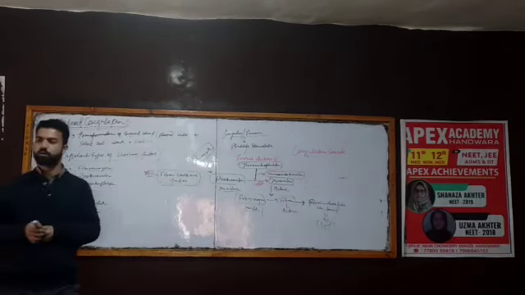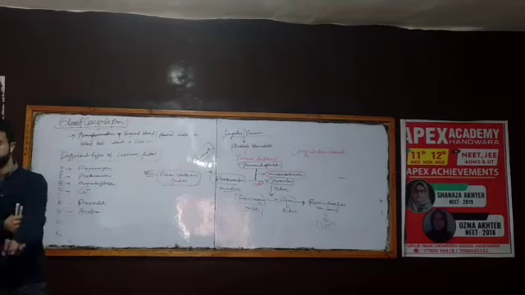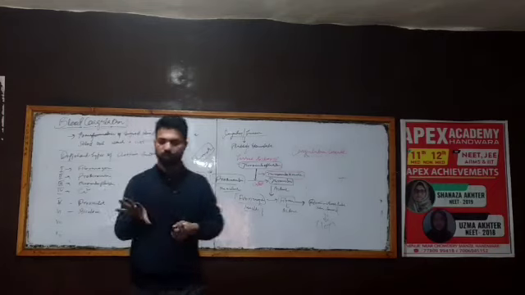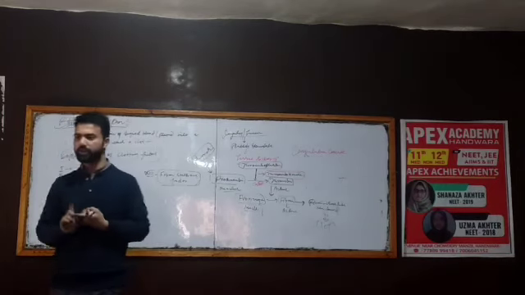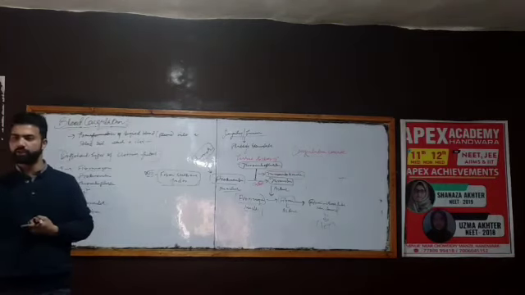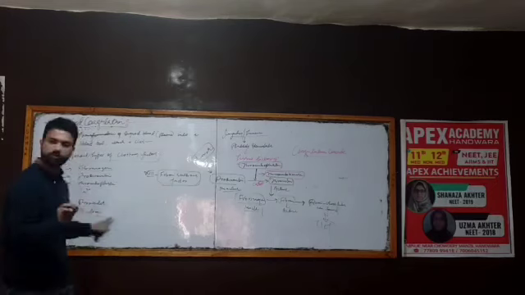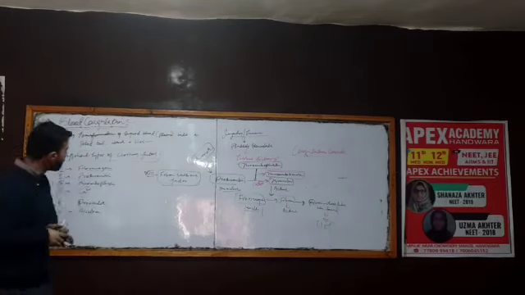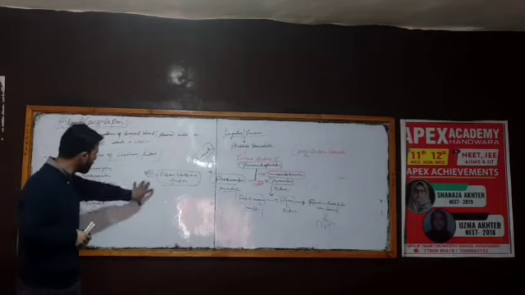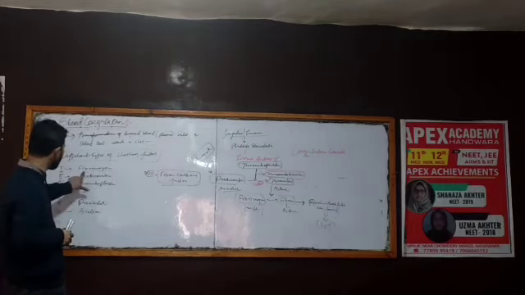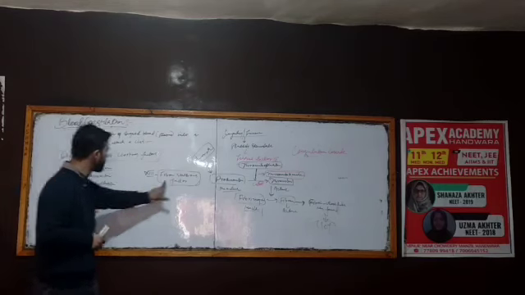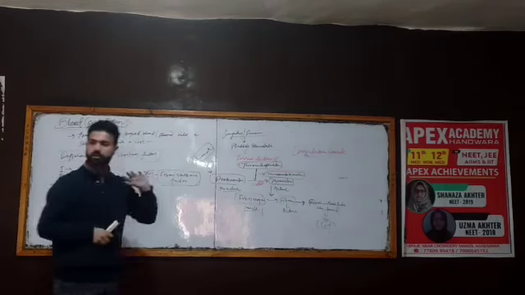For studying all the factors, I will provide you a paper in which all the factors will be written. Here we do not discuss all those factors. The most important factors are fibrinogen, prothrombin, thrombin, calcium, and fibrin stabilizing factor.